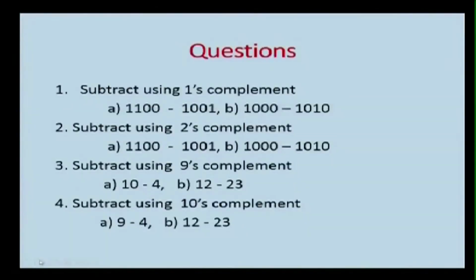So, I'll just give you some questions which you try to answer. The questions are: subtract using 1's complement, and I've given two numbers here, 1100 minus 1001. The second problem in that 1's complement method is that you have to subtract 1010 from 1000.